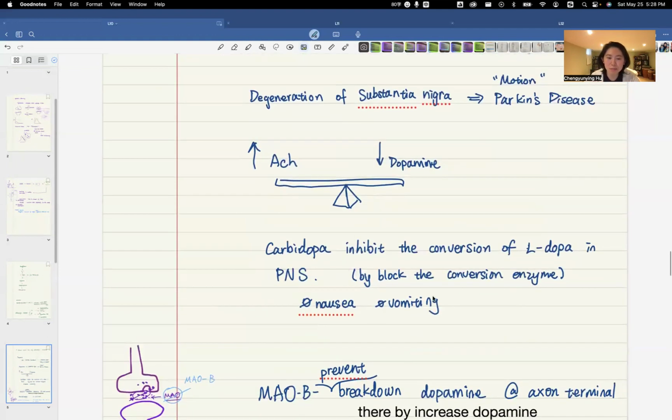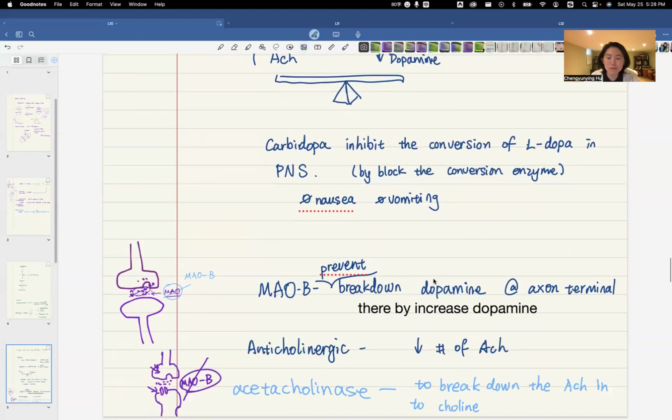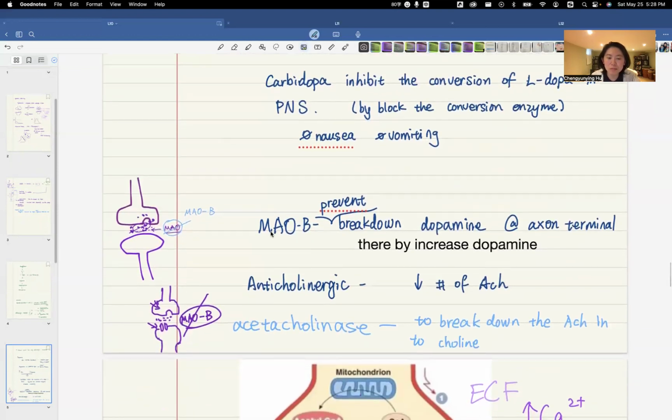This one I mentioned before. We use MAO-B inhibitor as a medication. MAO is an enzyme that breaks down dopamine at the axon terminal between neurons. The gap is called the axon terminal.